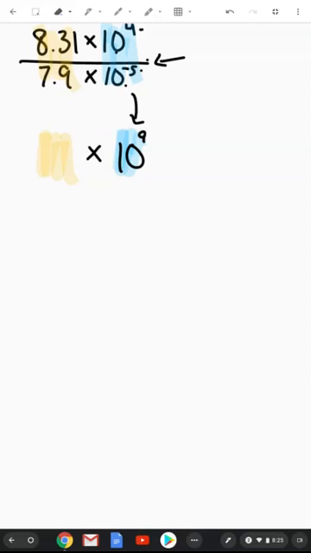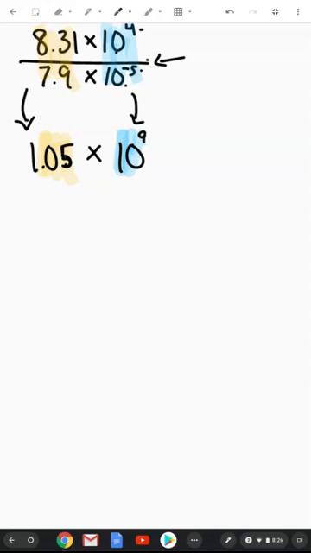Then I just need to grab my calculator, because nobody has time to do this in their head, and I'm telling you that it's okay to do this right now. Then I'm going to do 8.31 divided by 7.9. So I'm throwing that in my calculator, and I get 1.05, and then a lot of digits after that 5.